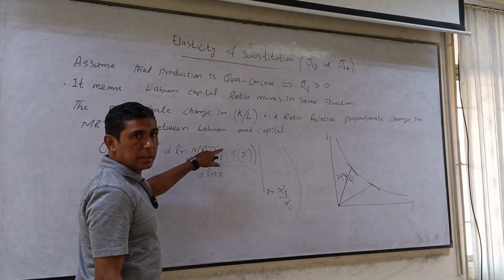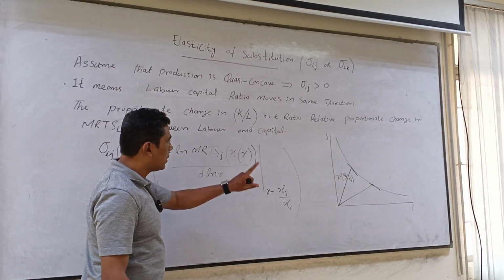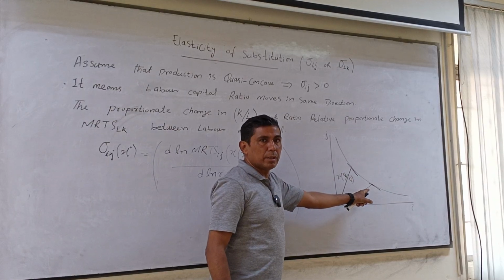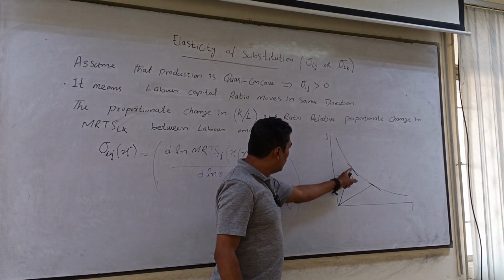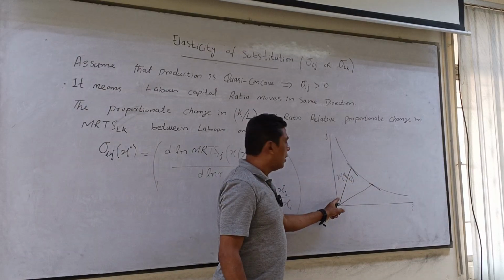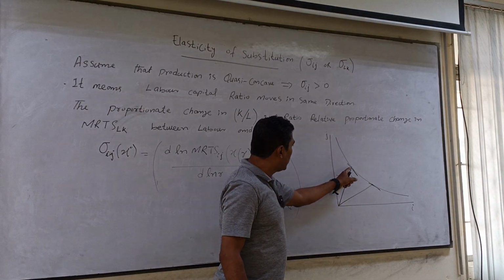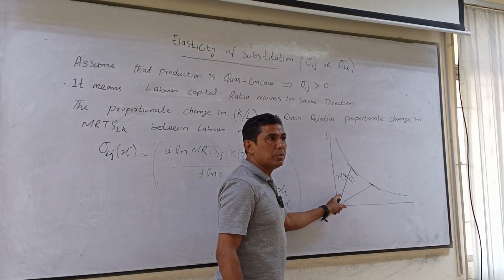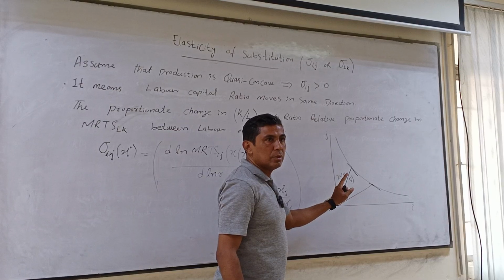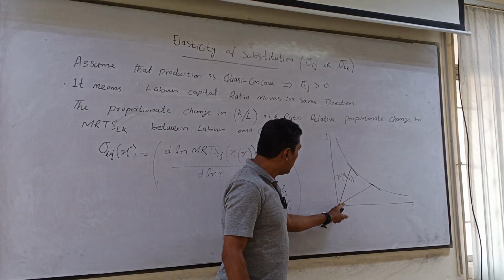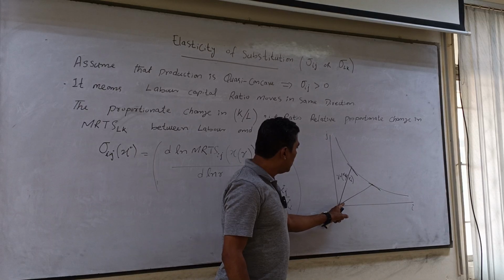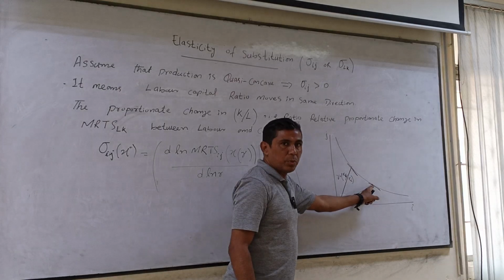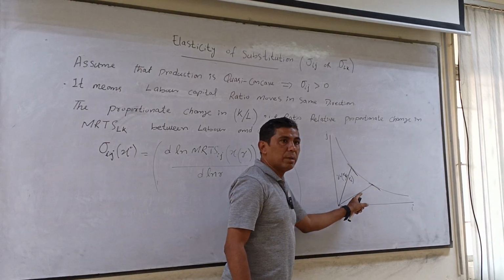This is your isoquant, right? And the vertical line from origin to that curvature represents the ratio between two inputs. Similarly, this is another line which is going to touch this isoquant at this point. It is another ratio of labor and capital.